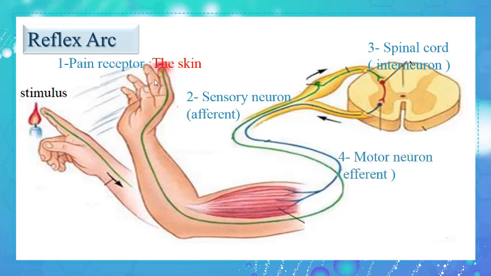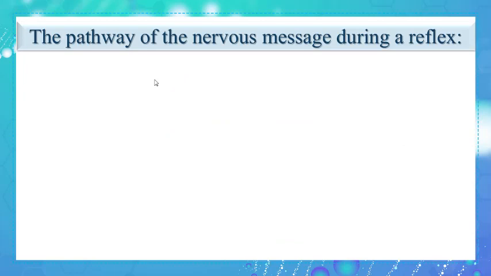The fourth one, the motor efferent neuron, conducts the nerve message. And finally, the effector organ or muscle that displays the response by a specific movement, which is basically contraction or relaxation of the muscle.